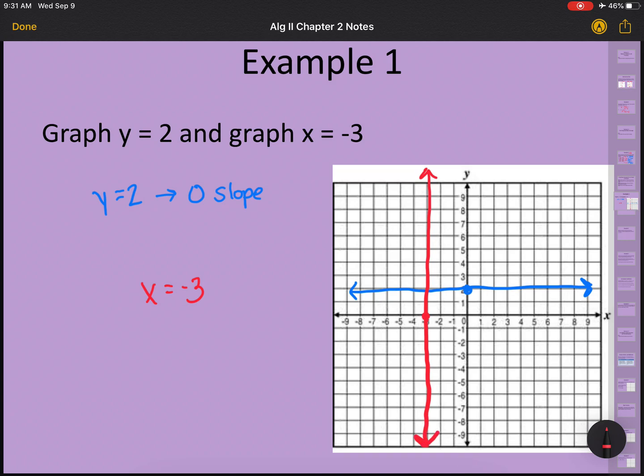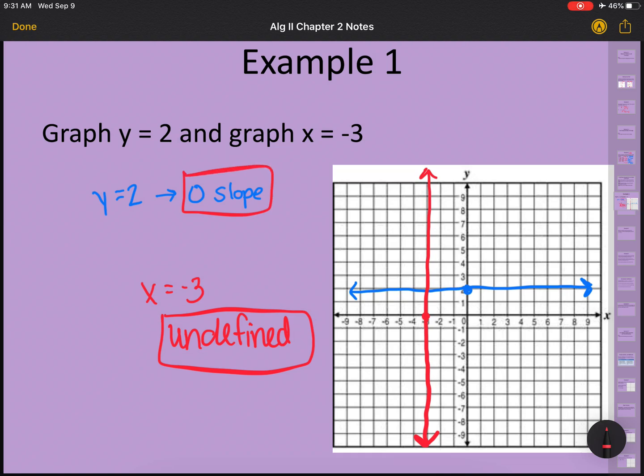And we said back in section 2, if we have a vertical line, these are called undefined. They have an undefined slope. That's how you would graph y equals something and just regular old x equals something.